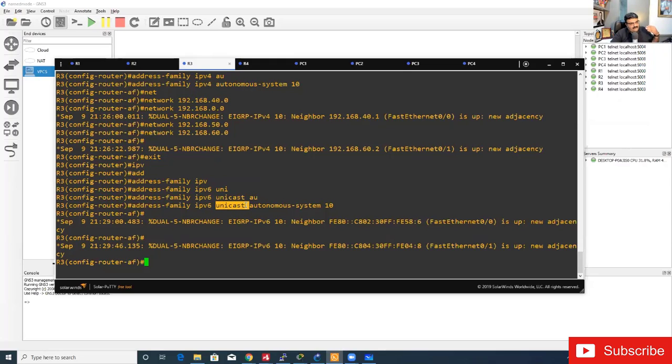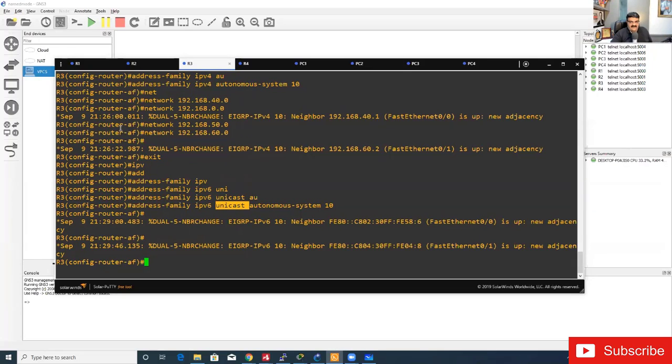If you want to configure multicast, you have to specify multicast. If you mention unicast, it is good; if you don't, no worries.